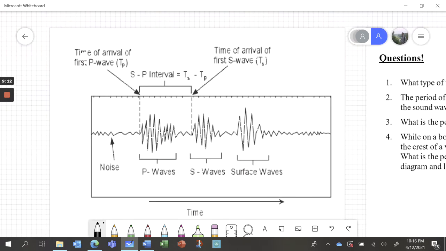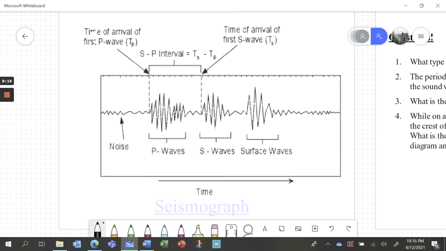If we look at a seismograph, we have an example here. The Earth is always kind of grumbling, so you have noise, right? But remember, a P wave comes first, and it is a very loud, very sharp wave.